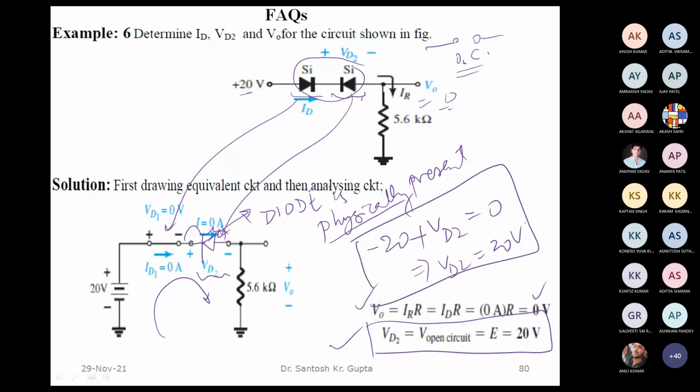There is no voltage drop because the current, as we have seen, is 0 because of the open circuit behavior of this diode. So there is no voltage drop across any component because of the current being 0, and the voltage across the reverse bias diode will see the full supply voltage of 20 volt. That is also called the open circuit voltage.